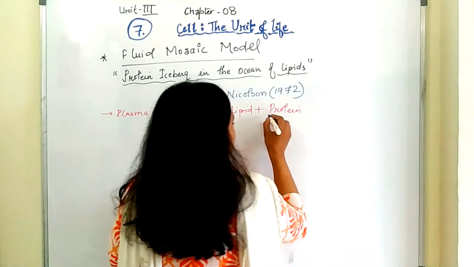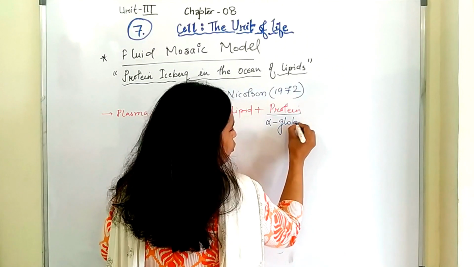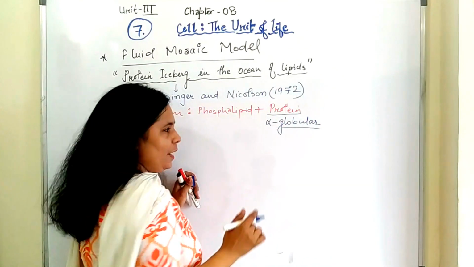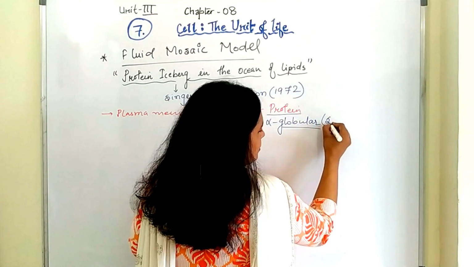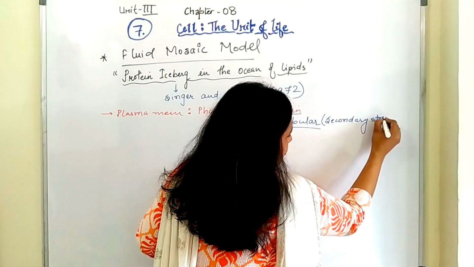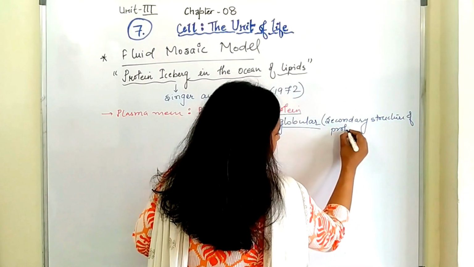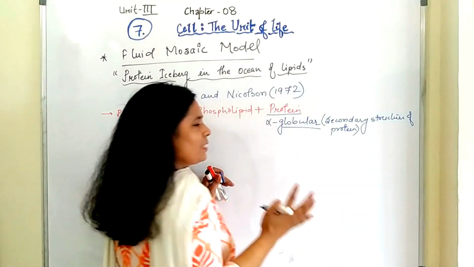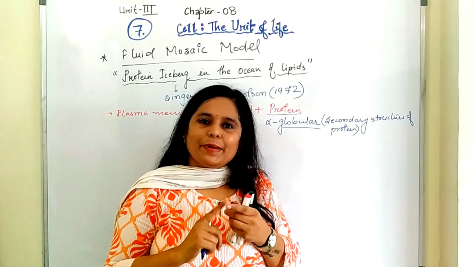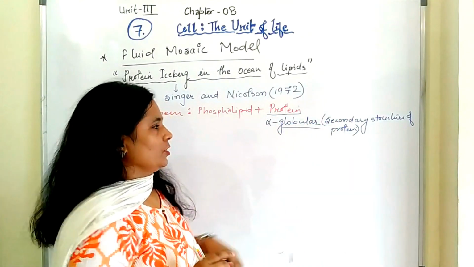This protein is alpha globular. Globular means they are spherical in shape, and this is the secondary structure of protein. In the last class I told you protein has four different types of structures: primary, secondary, tertiary and quaternary. So this has a secondary structure.